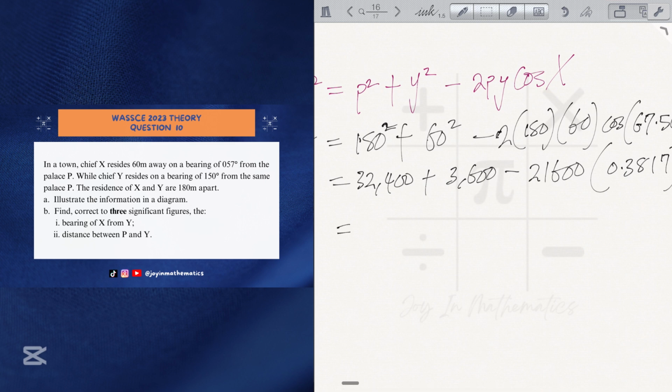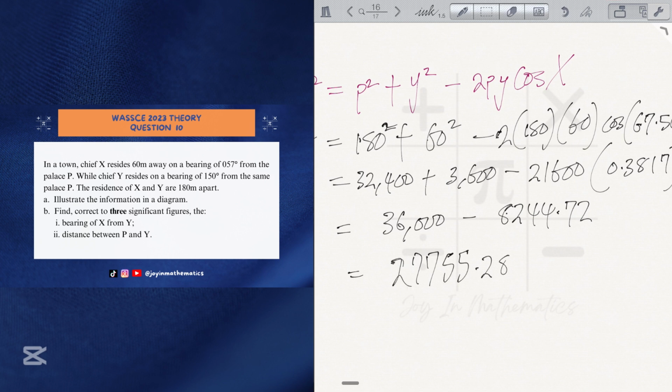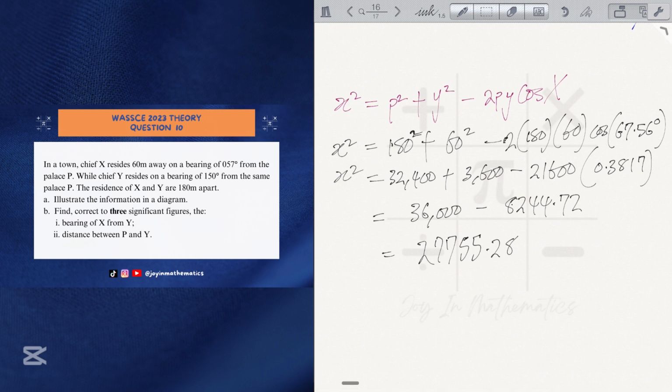So summing these two together, we will have 32,400 plus 3,600. This will give us 36,000 minus 21,600 multiplied by 0.3817, and we will have 8244.72. And if we subtract the answer from 36,000, we will have 27755.28. Now this is equivalent to x squared.